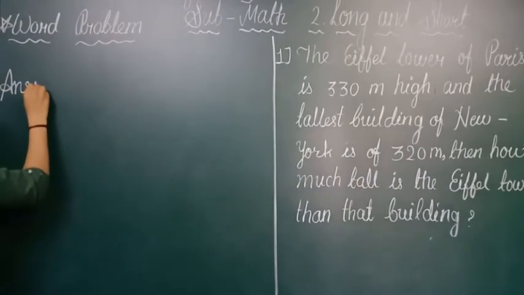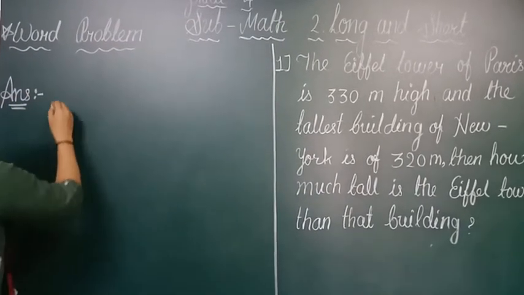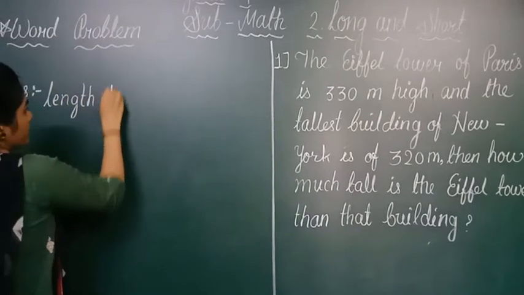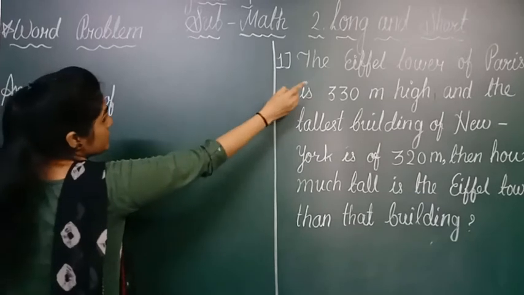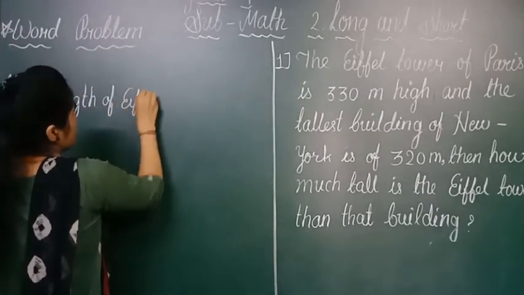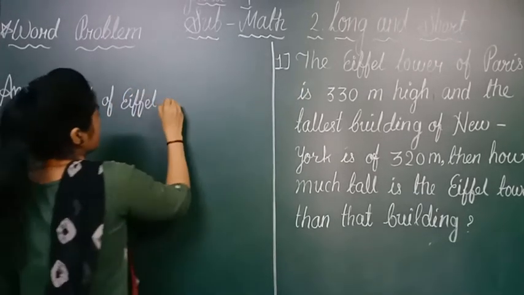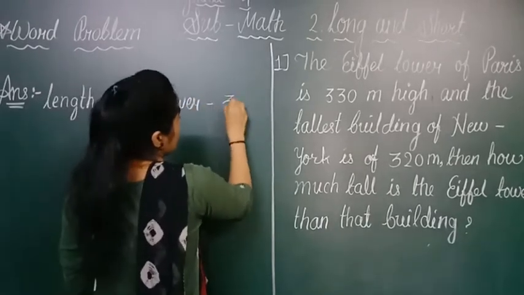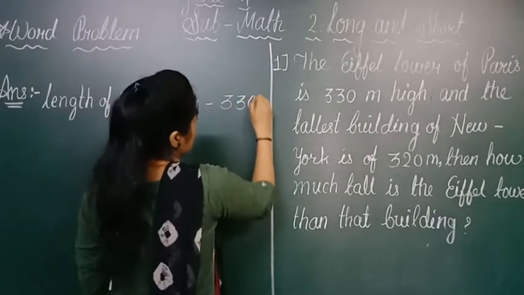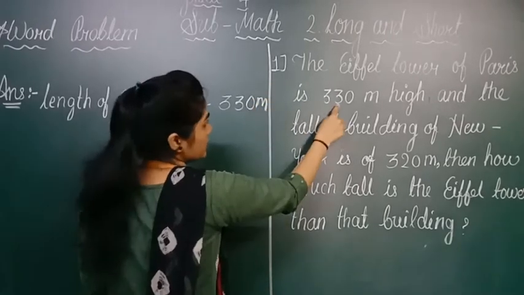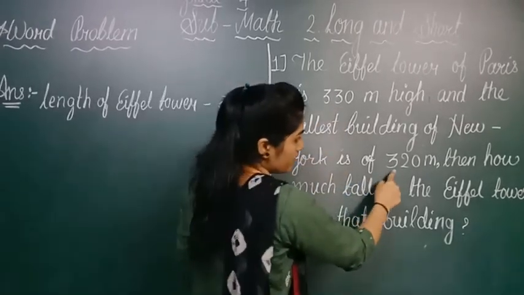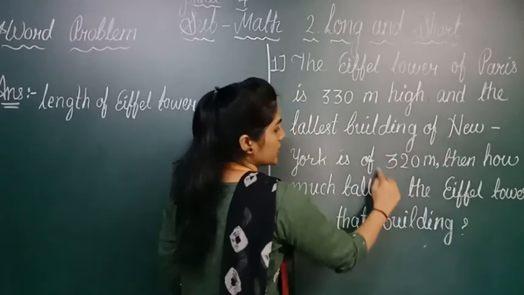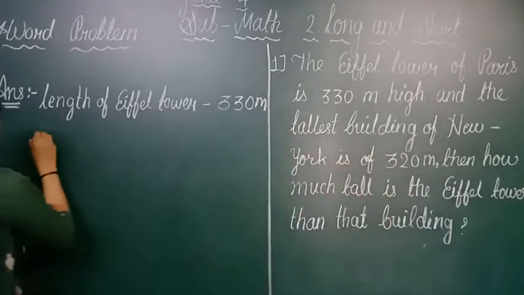Answer we are writing here. First we will write length of Eiffel Tower, which is of 330 meter, right? And second, we have this tallest building of New York, which is of 320 meter.